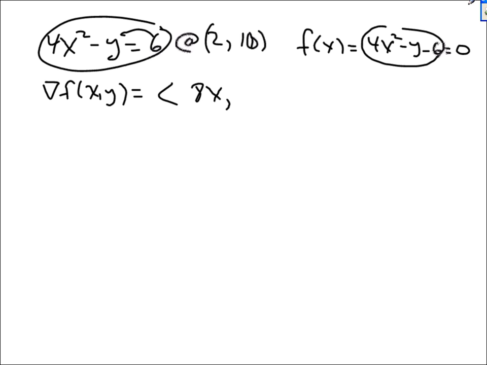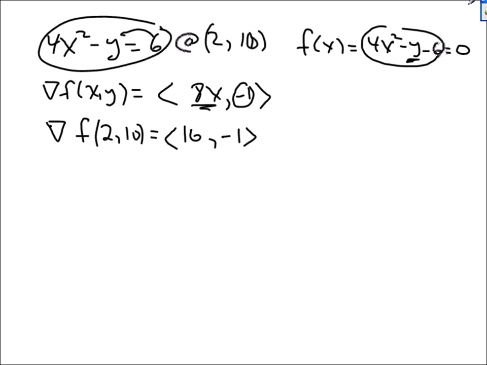The partial with respect to y will just be negative 1. And then the gradient at the point (2, 10) will be 8 times 2, which is 16, and negative 1 is negative 1.